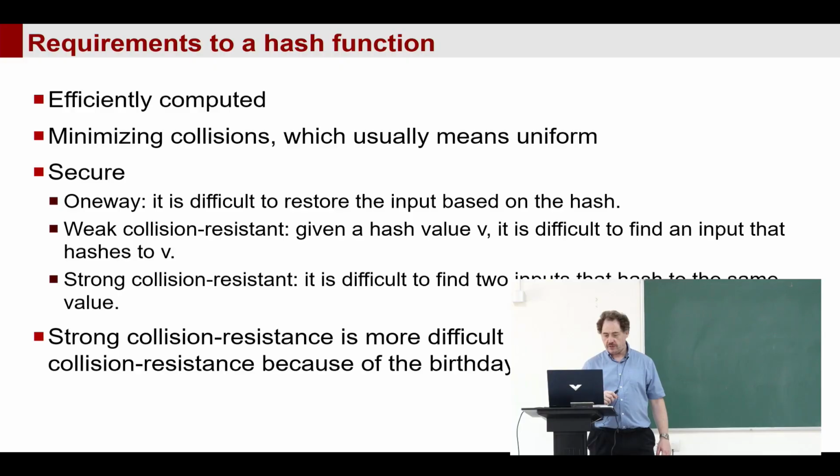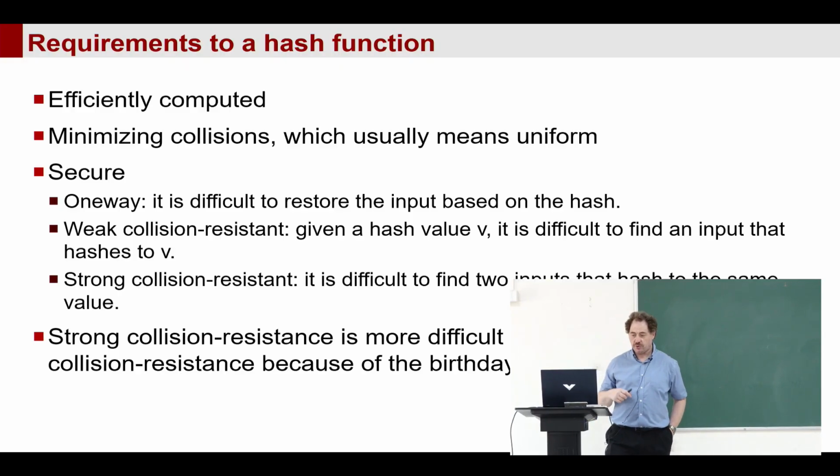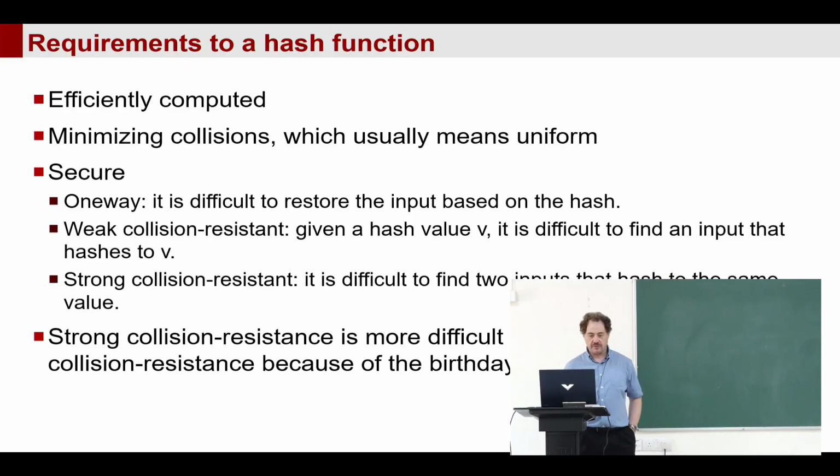The third requirement related to security is called strong collision resistance. So the second requirement was weak collision resistance, and the third requirement is called strong collision resistance. Strong collision resistance means that it's difficult to find two inputs that hash to the same value.